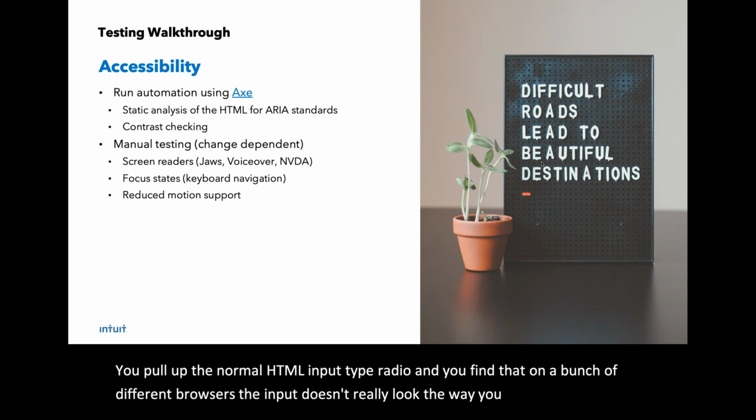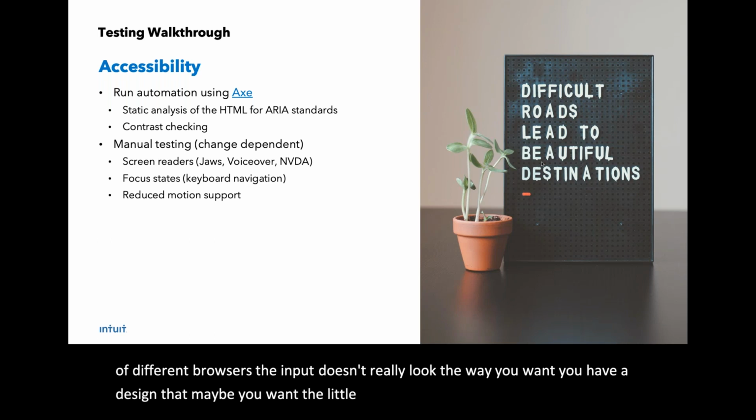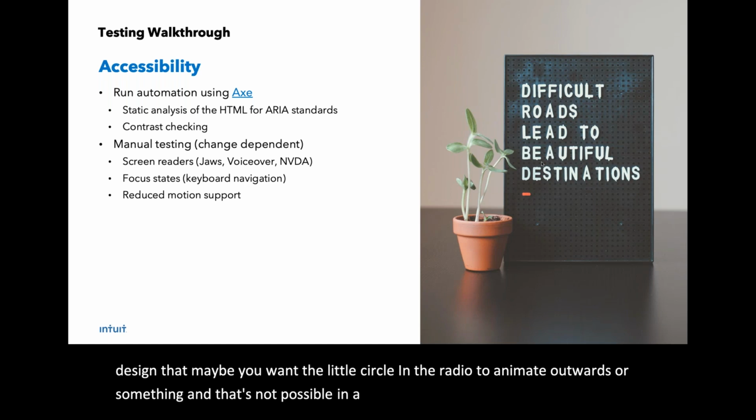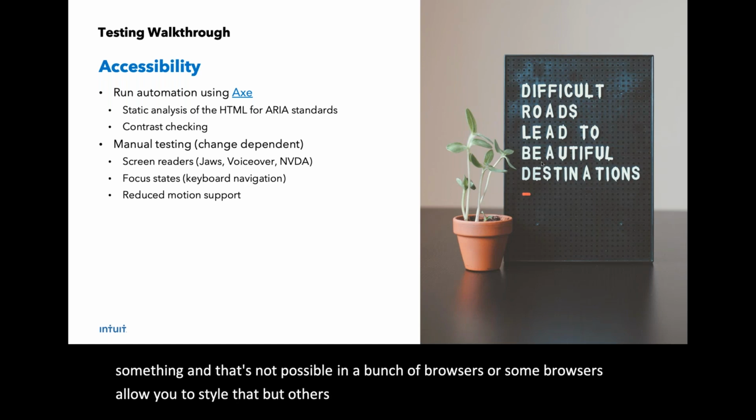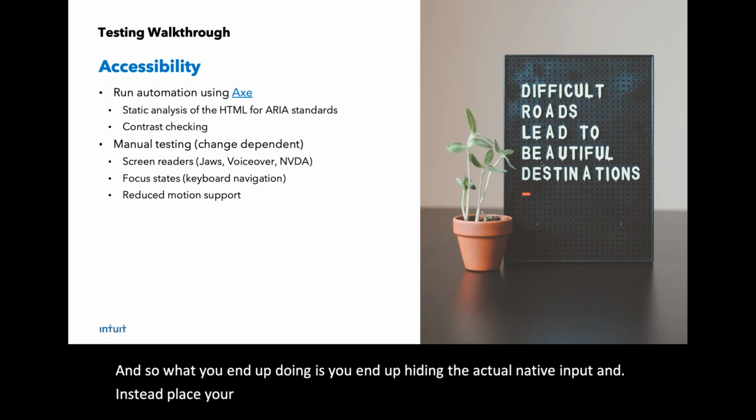You have a design where maybe you want the little circle in the radio to animate outwards or something, and that's not possible in a bunch of browsers, or some browsers allow you to style that, but others don't. And so what you end up doing is you end up hiding the actual native input and instead place your own kind of custom implementation.